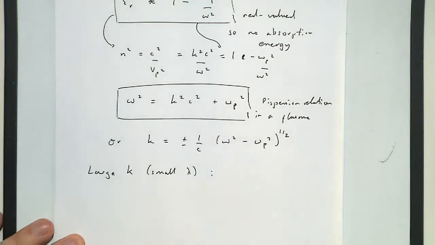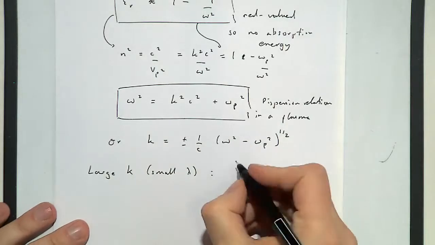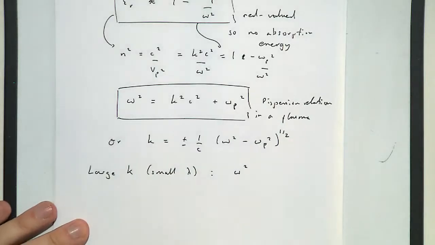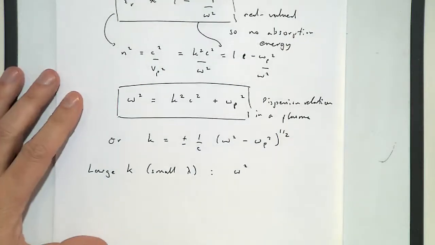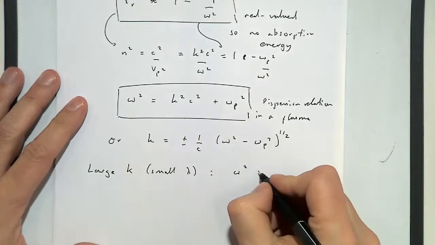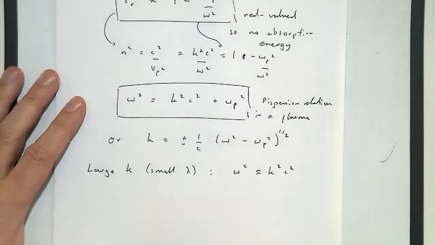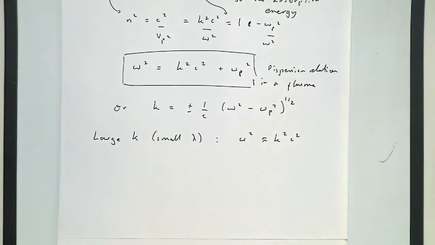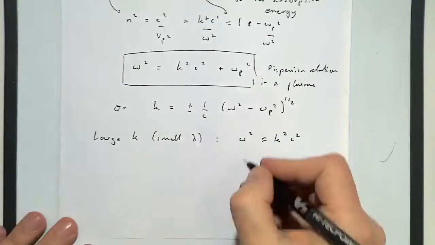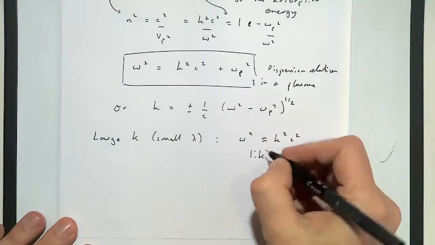A large k is a large frequency, a small wavelength. And that means the frequency is large in comparison to the plasma frequency, and the electrons aren't really doing very much, and that's our free space condition. So omega squared is much bigger than omega p squared, so the electrons don't really move around very much.